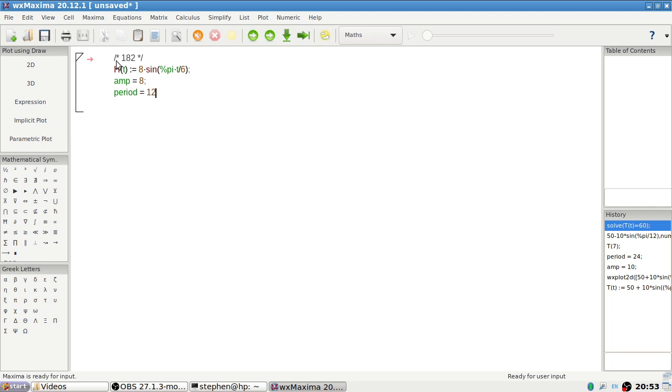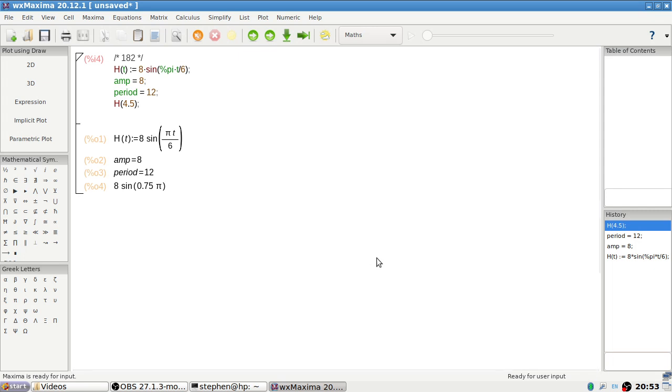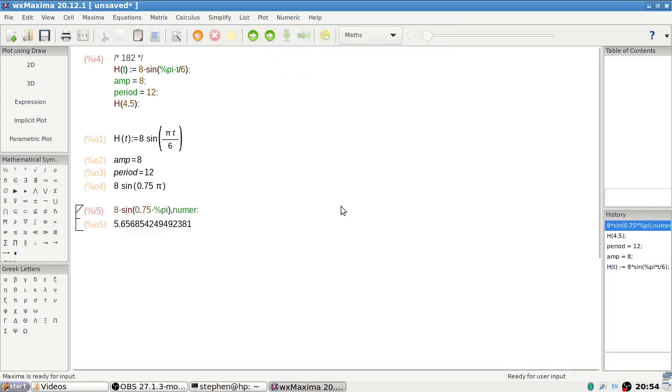So that's 12. And graph the function over 1 period. Let me just skip that for the moment. What is the height of the tide at 4:30 a.m.? So what's the height at 4.5? That's 4:30. Okay. Let's just make that human readable. Height of the tide's about 5.65 feet.